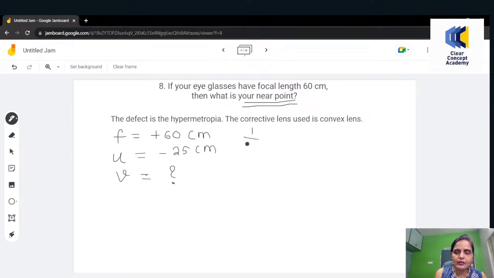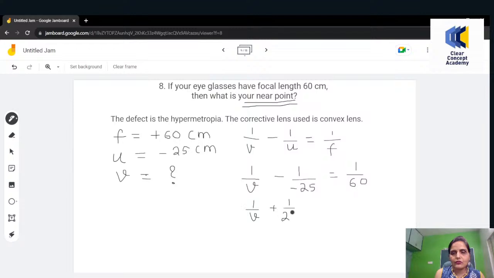Lens formula is 1 by V minus 1 by U is equal to 1 by F. Substitute the values: 1 by V, we don't know yet, minus 1 upon minus 25 is equal to 1 by 60. Since it's the convex lens, the focal length is positive. So this becomes 1 by V plus 1 by 25 is equal to 1 by 60.